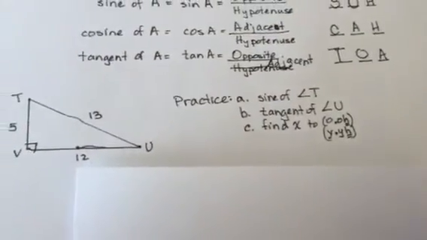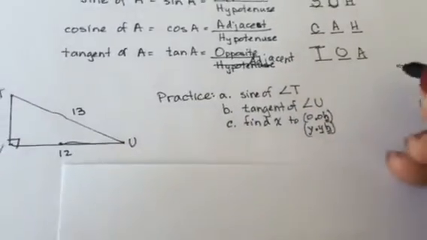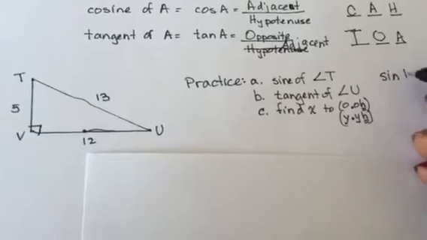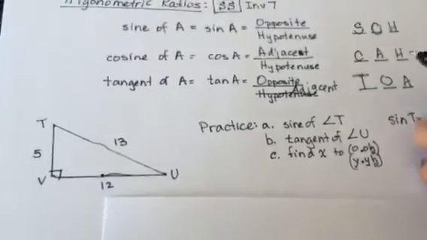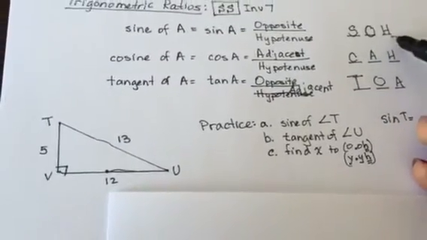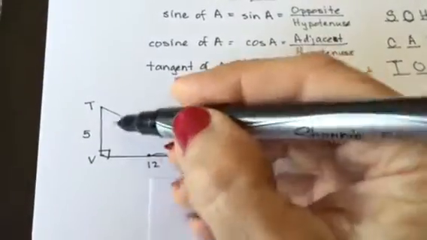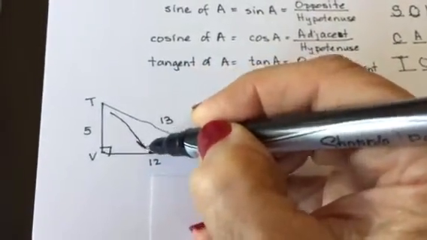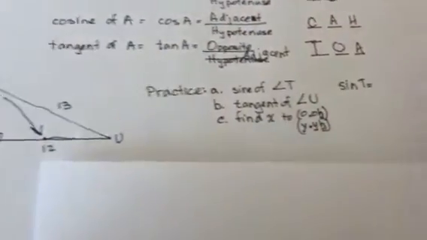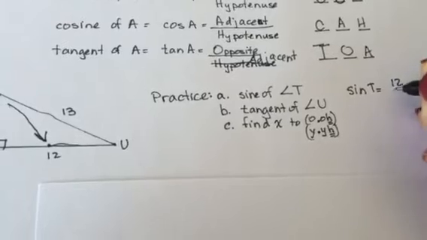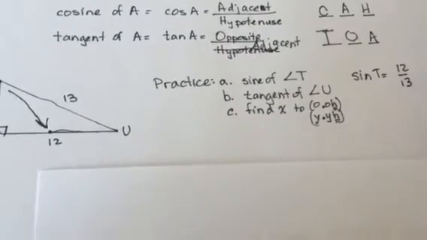We are supposed to find the sine of T. Well, that is written as sin T equals, and we remember that it's opposite over hypotenuse. Over here is T, the opposite is 12. So very simply, it's 12 over 13.